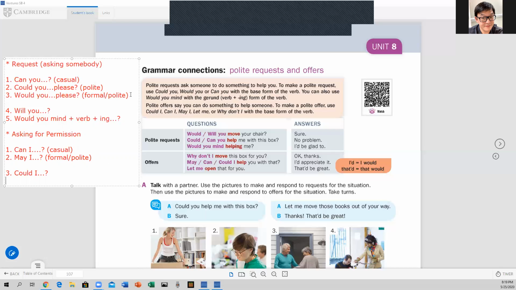Also it is adding why don't I plus verb. Why don't I open this door for you? Okay? Why don't I clean this table for you? Okay?